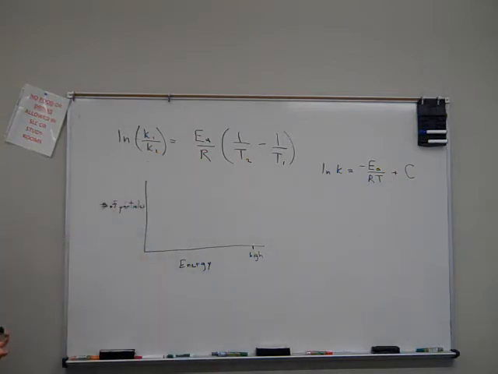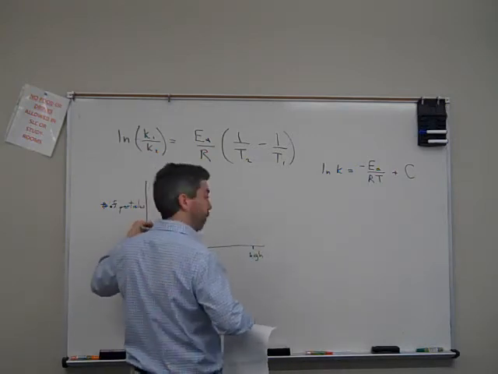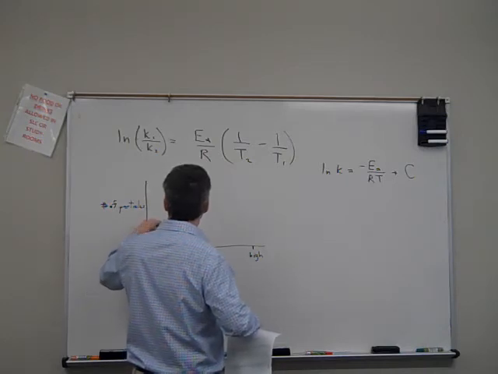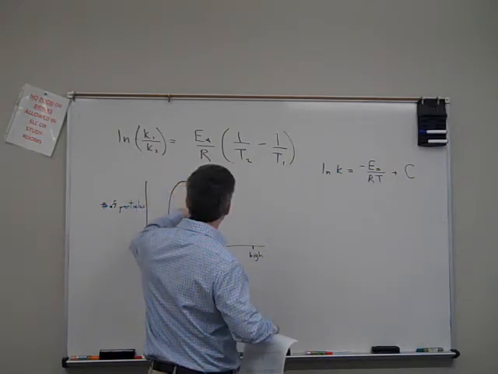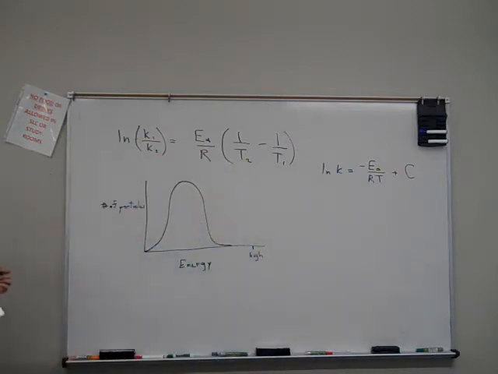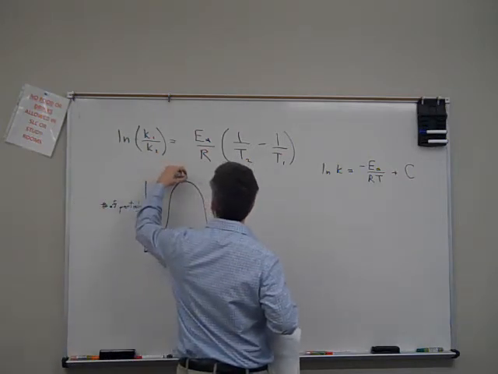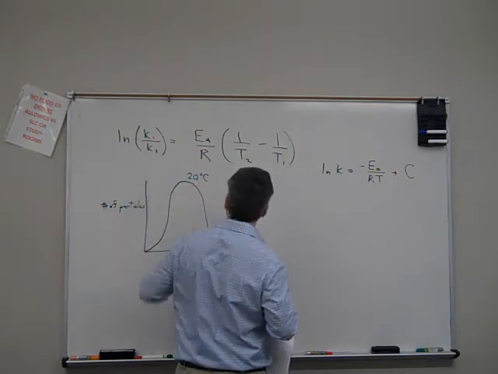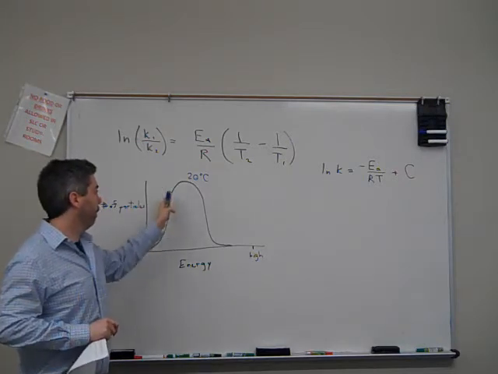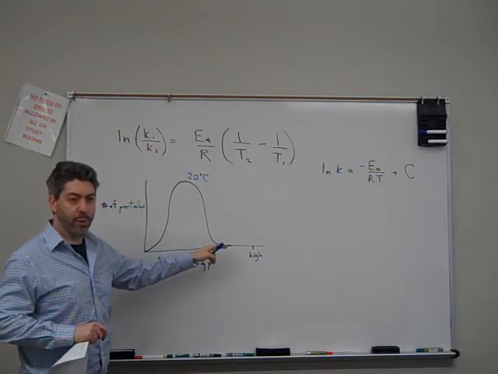So if we have a low temperature, like say 20 degrees Celsius, the energy distribution curve looks something like this. Most of the particles have this lower amount of energy, and only a few have this higher amount of energy, okay?